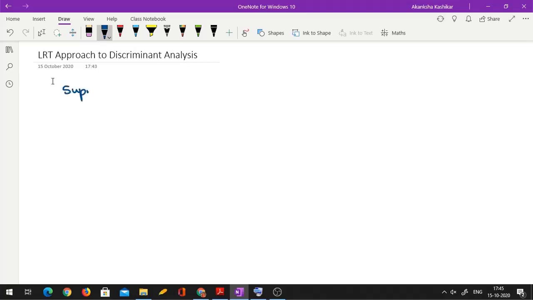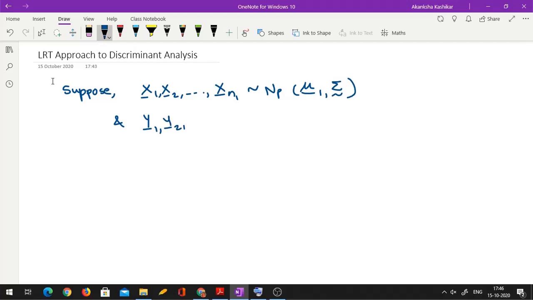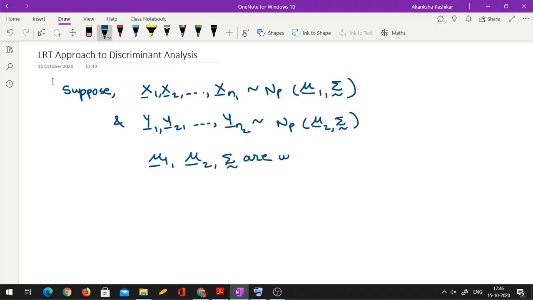So suppose we have two populations. I have x1, x2, up to xn1 coming from Np(mu1, sigma), and suppose I have y1, y2, up to yn2 coming from Np(mu2, sigma), and mu1, mu2, sigma are all unknown.